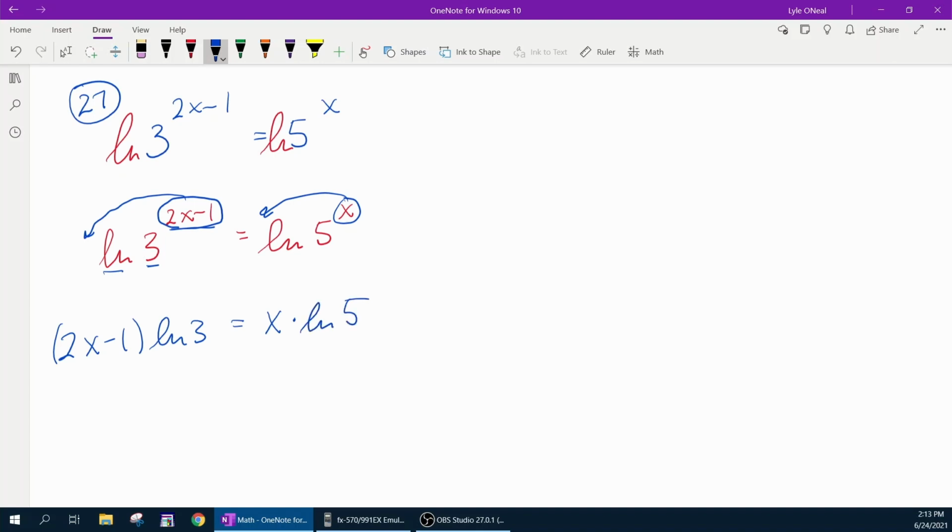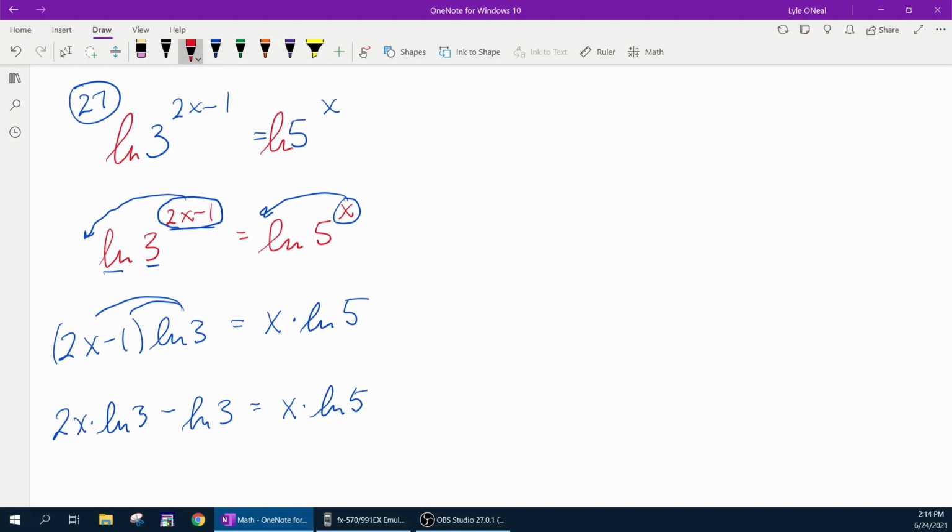Now remember here our goal is to get the x by itself, so I probably need to go ahead and use the distributive property so that I can get rid of the parentheses. That'll give us 2x times natural log of 3 minus, what is 1 times anything? Itself. 1 times natural log of 3 is just natural log of 3 equals x times natural log of 5.